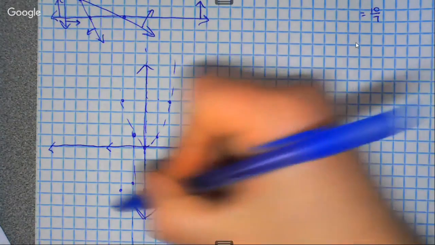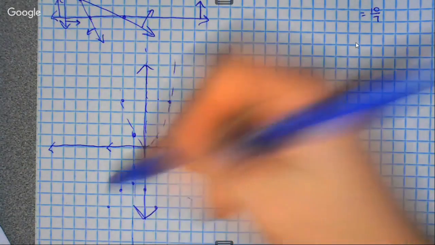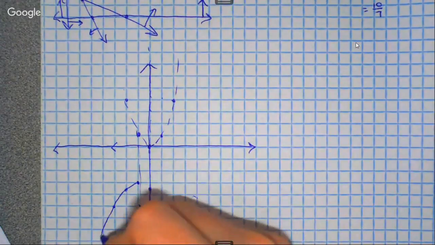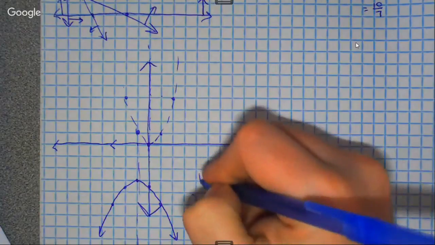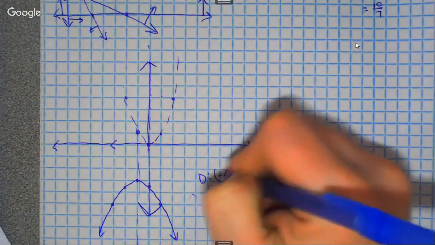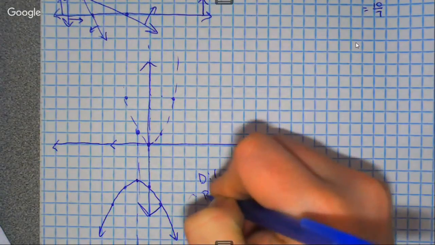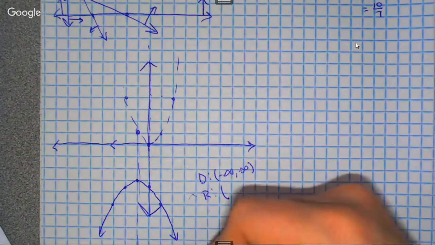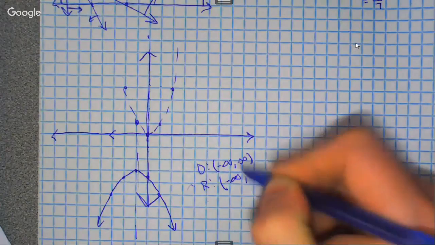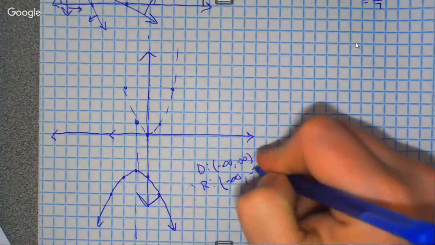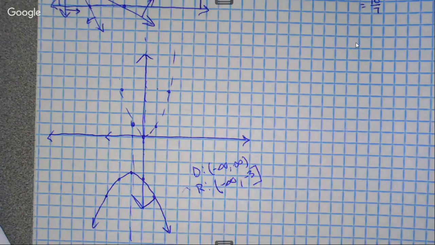And I reflect that. So now your parabola looks like this. And then we have the domain, which is all reals. And we have the range, which starts at -infinity to -3, and I can actually have that number -3.